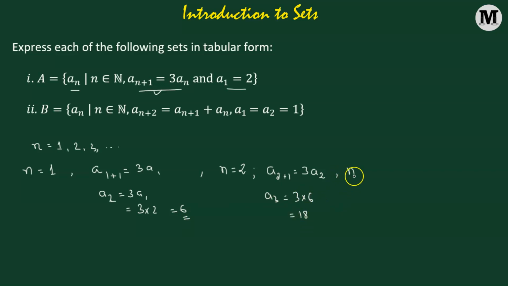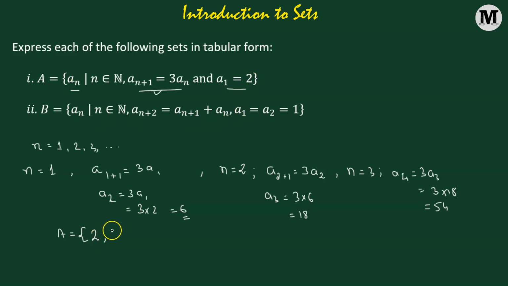Then we will consider n equals 3. So n equals 3 corresponds to a_4 = 3 times a_3. Since a_3 is 18, we have 3 times 18, which is equal to 54, and so on. So that means we have the set A, which contains the elements a_n. When n equals 1, we have a_1, which is given to us as 2.